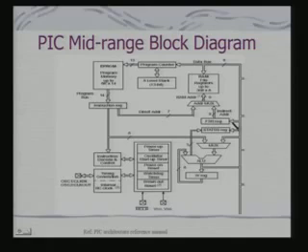Now how does the indirect addressing take place? Conceptually, I select a register, and from that register I come to what is called the FSR register, and from the FSR register I generate the indirect address. It is a slightly complex process.